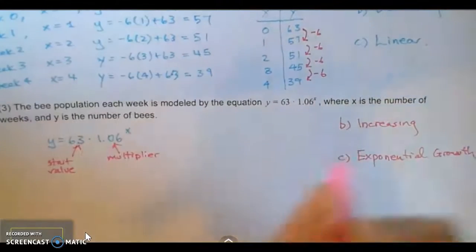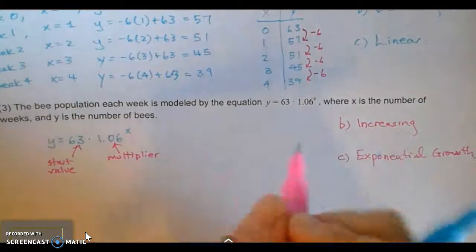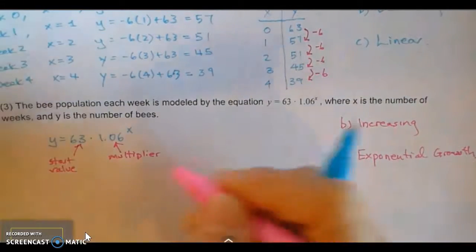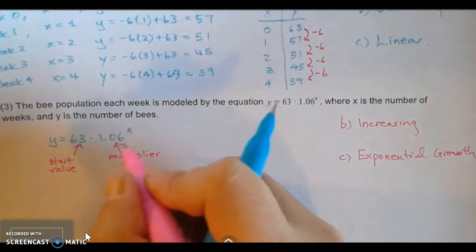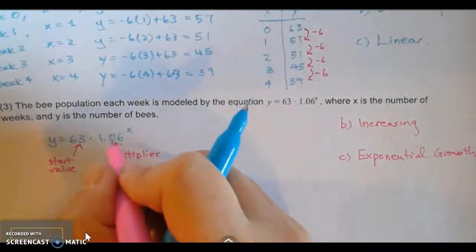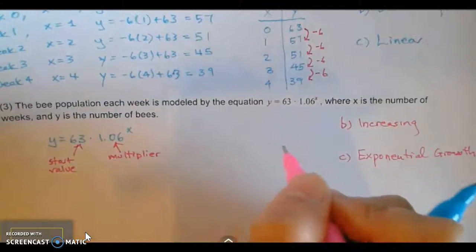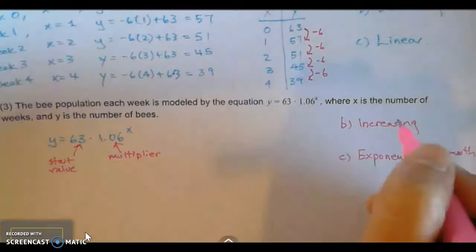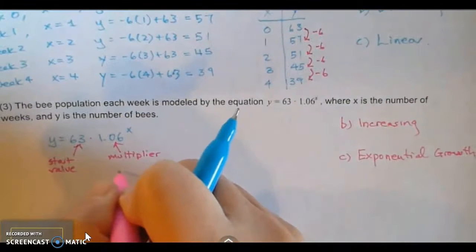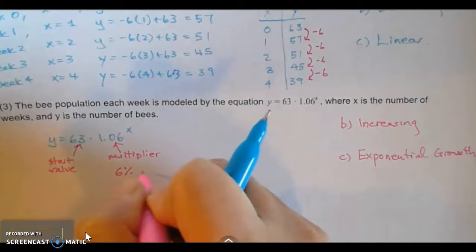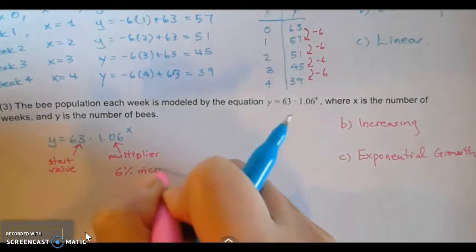Okay, and we just need to calculate the first 4 weeks. Now let's talk about the multiplier. If this is multiplying by 1.06, what is the percentage increase of bees? We could represent this as a 6% increase.